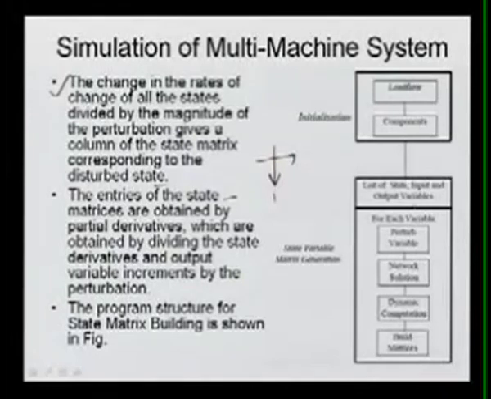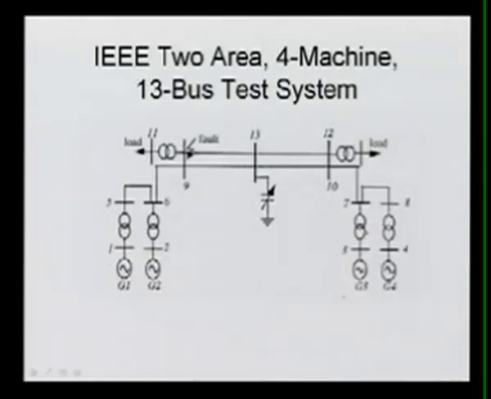Then we list the states, input and output variables, and for each variable you perturb. If you are perturbing, the network solution is restored, and after that you go for the dynamic computation, then you can build your matrices. This process is repeated for all the state variables.